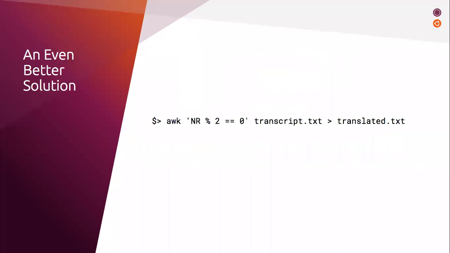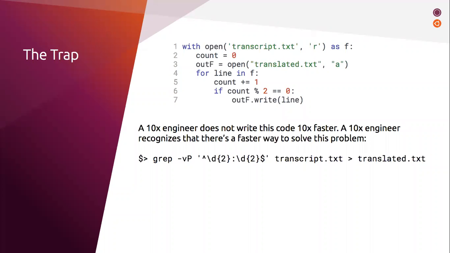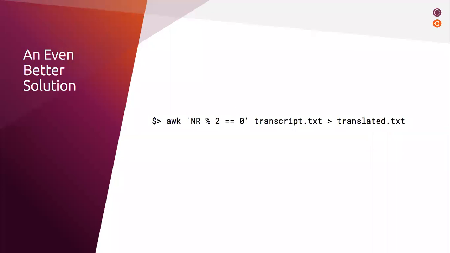And I thought I was clever until I researched it a little more, and I found out that awk, which is another text processing utility, can do it like this, which is a little bit more clear if you know what you're looking at. It's basically the same trick the Python script is using. It uses a modulus to only print out the even numbered lines.